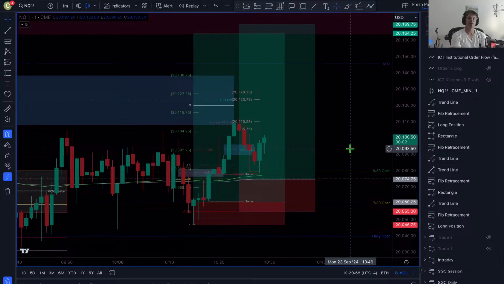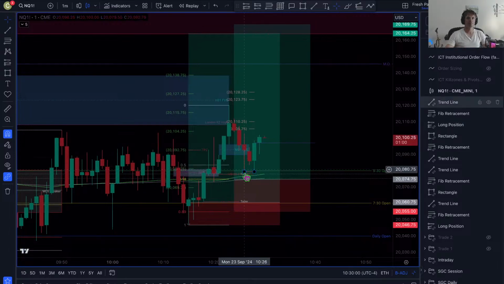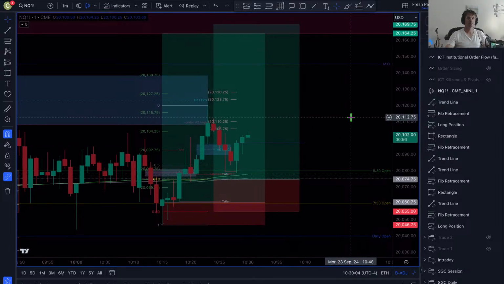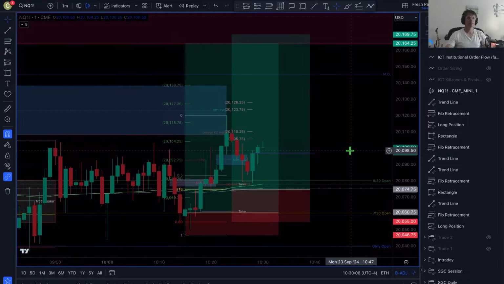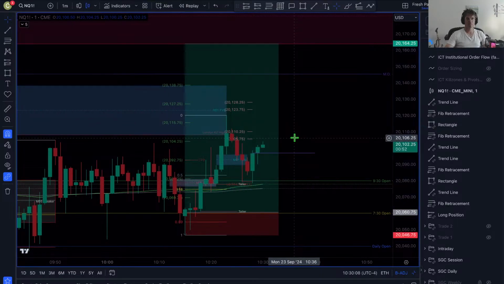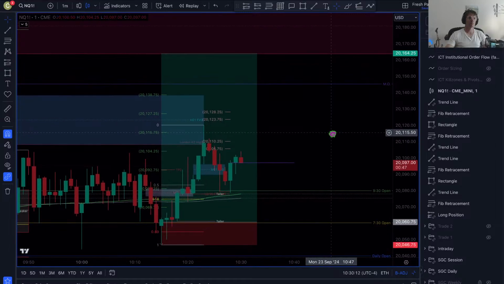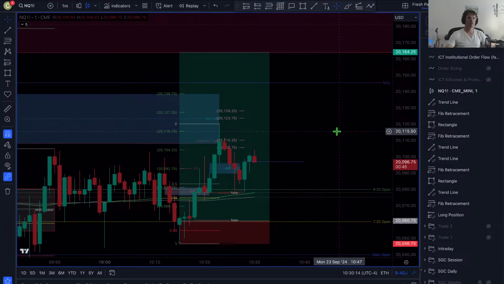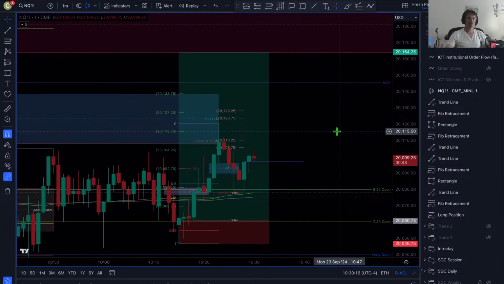It's actually looking like that might succeed to the upside. A volume imbalance on that one there to the upside.